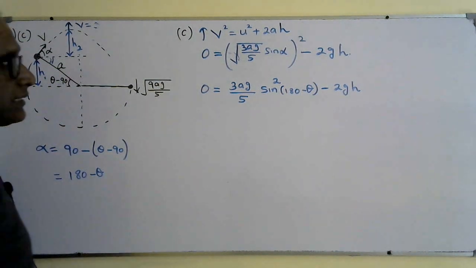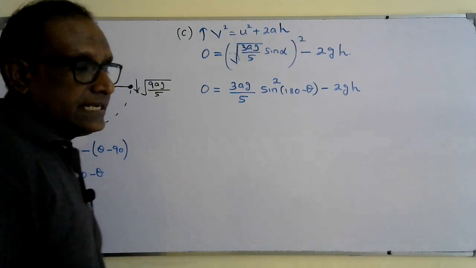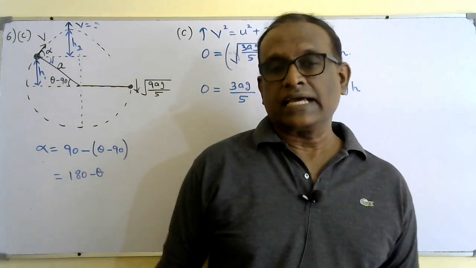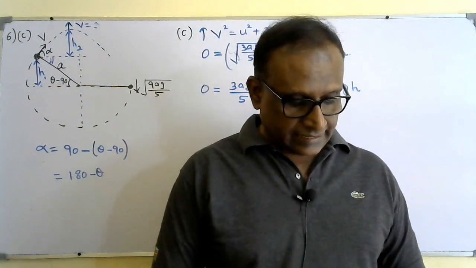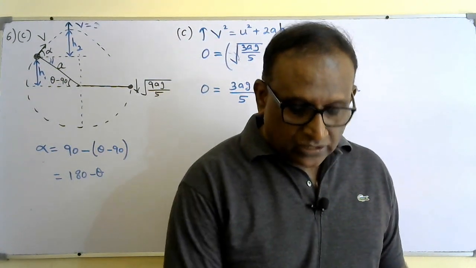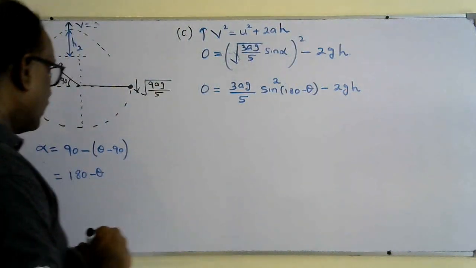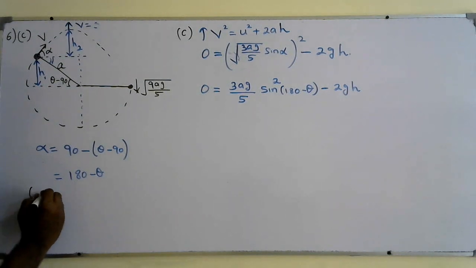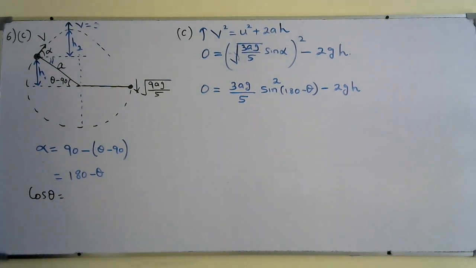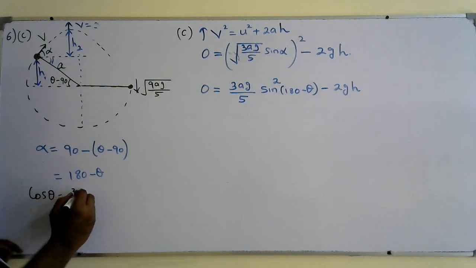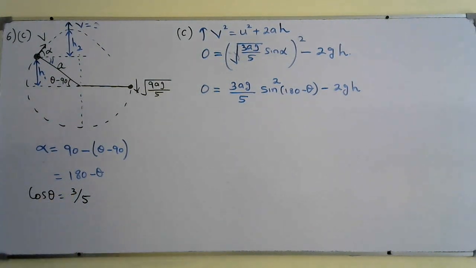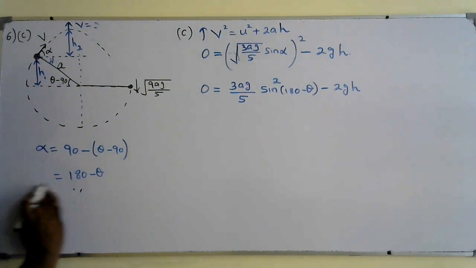We know that sine of 180 minus theta is sine theta. In the first part, the A part, we got cos theta equal to minus 3 by 5.